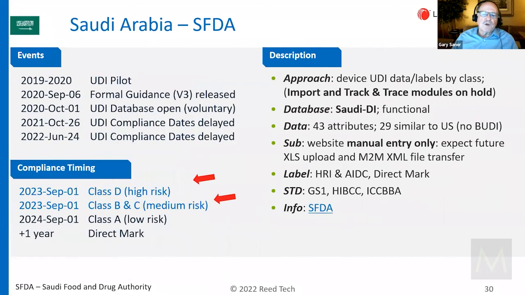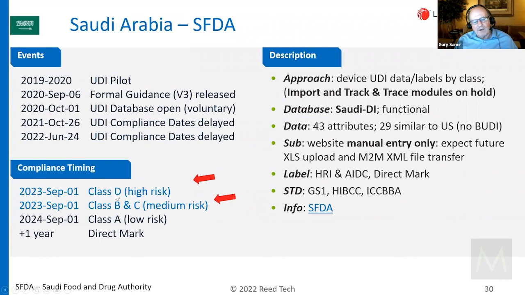Let me back up to Saudi Arabia. This is a slide I had up. Saudi Arabia had made some progress. They have a voluntary user interface. They have not quite figured out how to import a spreadsheet for an upload yet, and they keep delaying this. There have been 2 delays. The current delay has the dates going out to September of 2023.